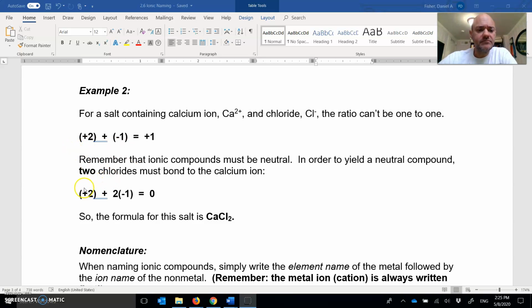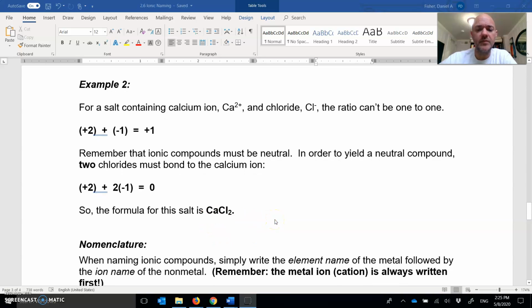So when I look at this, I got +2 and -1. That doesn't work out. So what I have to do is have two -1s. So +2 plus -1, -1, or -1 times 2, equals 0, right? So that makes this formula CaCl2. There's 2 chloride ions and 1 calcium ion.